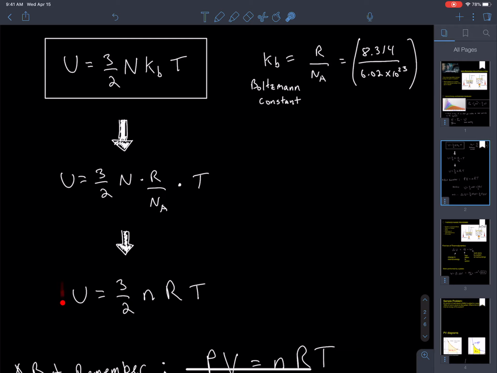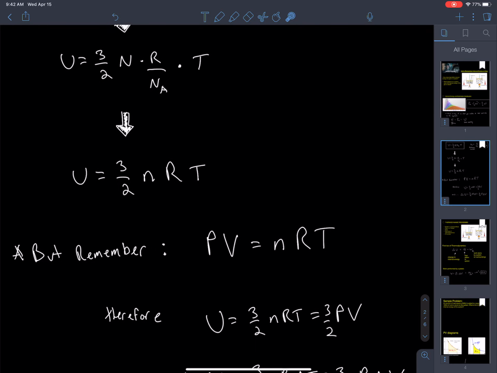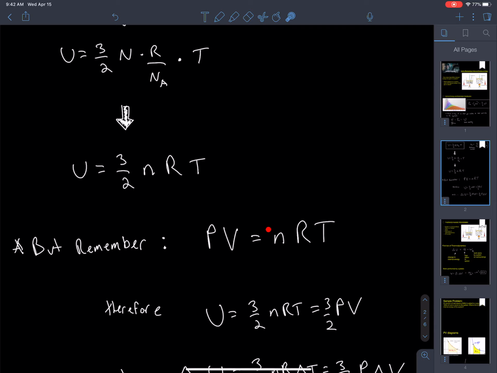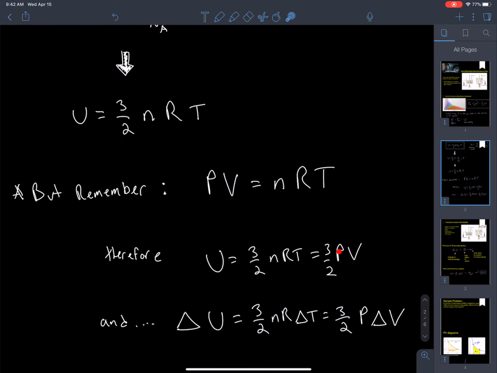So another version of internal energy is 3/2 times the moles of particles that I have, times the gas constant, times T, which gives me the total internal energy. Remember we had this relationship, PV equals nRT. That's interesting. And we've done this before, internal energy can also be 3/2 times PV. That's kind of cool.